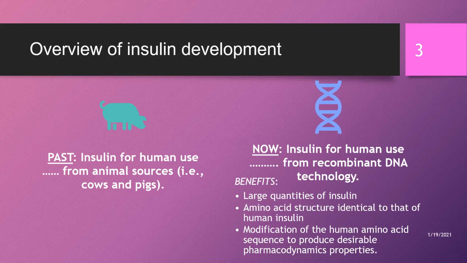The benefits of this human-related insulin is that large quantities of insulin can be produced. The amino acid structure is identical to that of human insulin, and modification of the human amino acid sequence to produce desirable pharmacodynamic properties can be achieved. And obviously, there would be a lesser degree of side effects and allergic reactions.